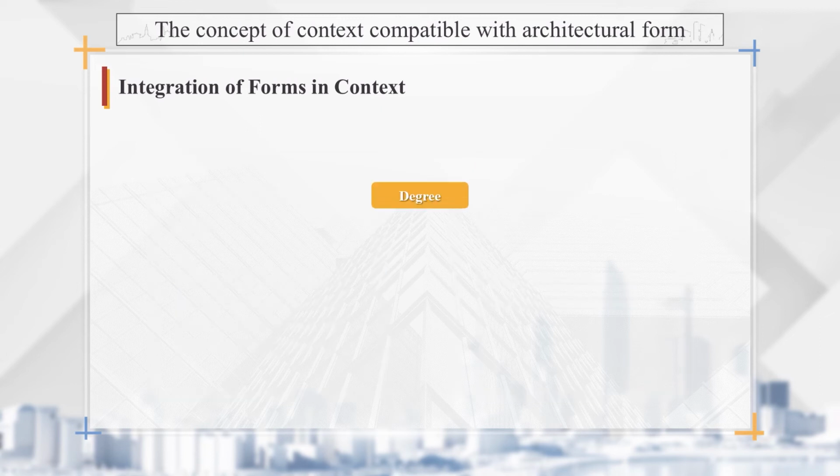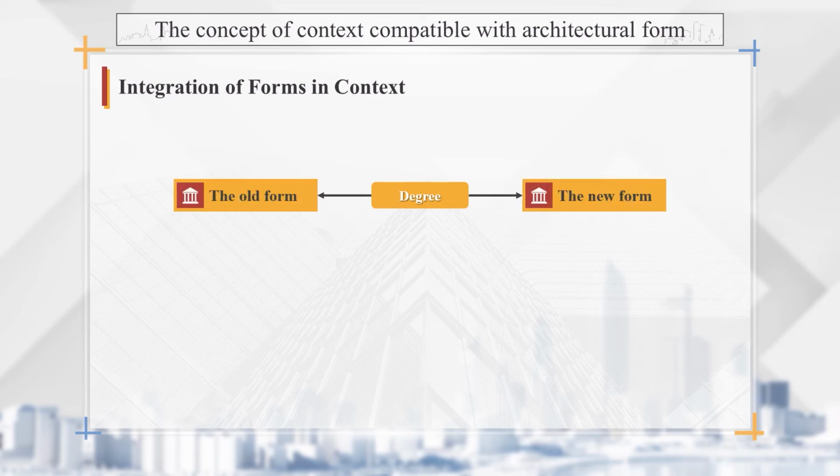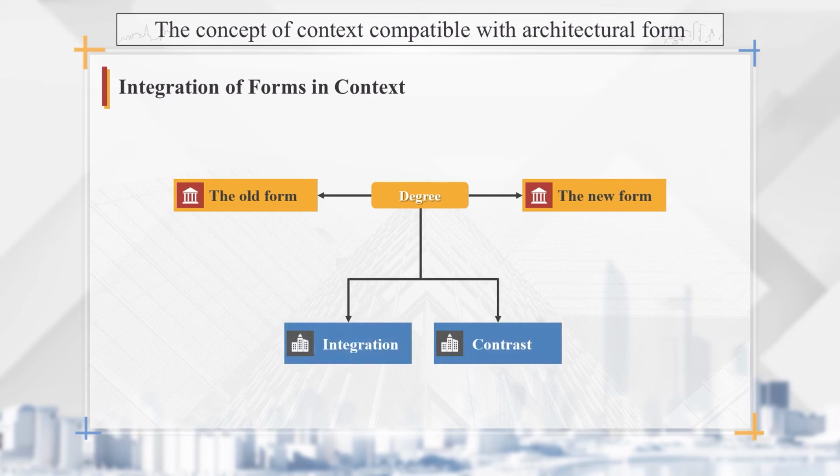Therefore, in the design process, there is no clear boundary between the strategy of integration and contrast, and there is no fixed pattern for new and old focus. The key is to grasp the degree between new and old overlap.